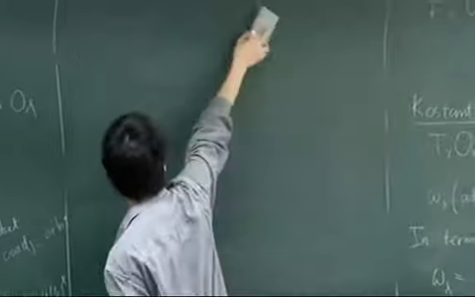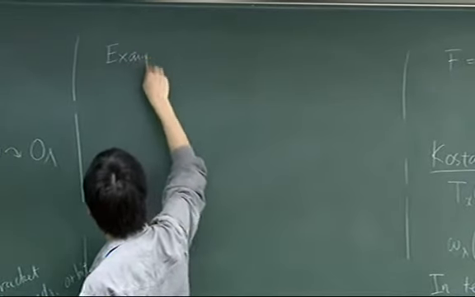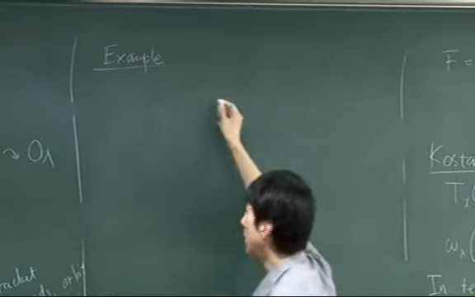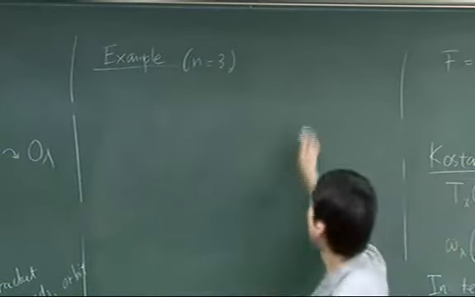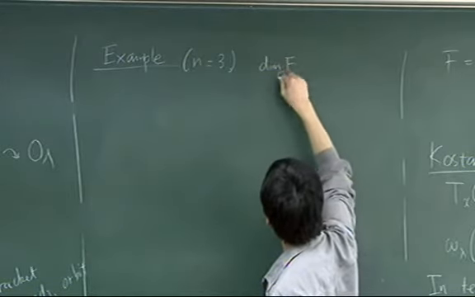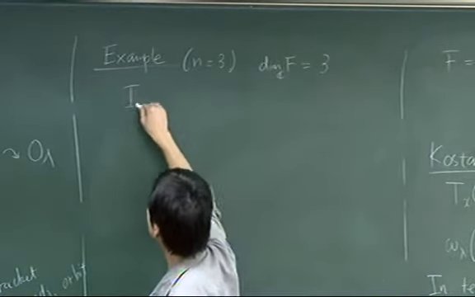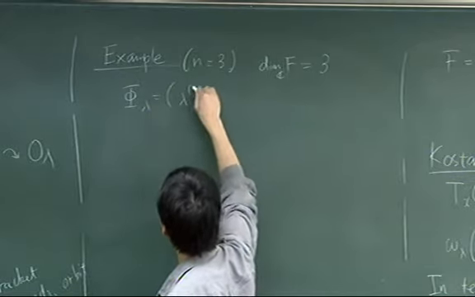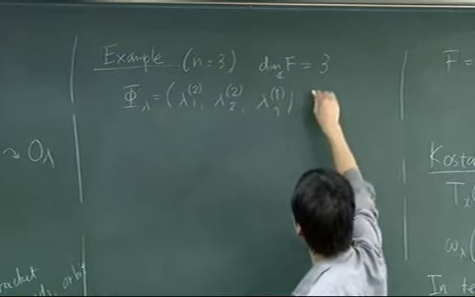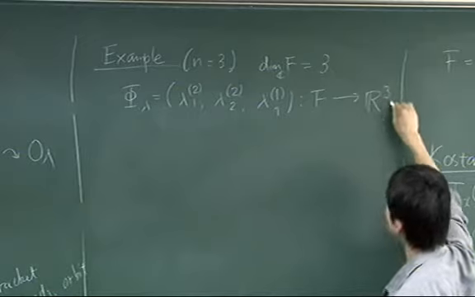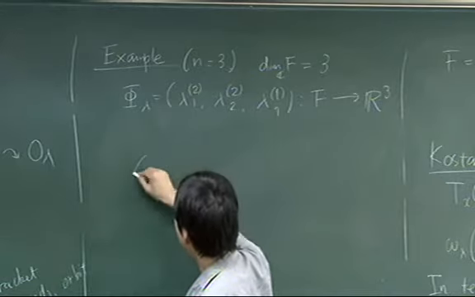Let me show you a simple example, the case of n equals 3. In this case, the flag manifold has complex dimension 3. Then the Gelfand-Cetlin system consists of three functions, and its image, the Gelfand-Cetlin polytope, has the form like this.